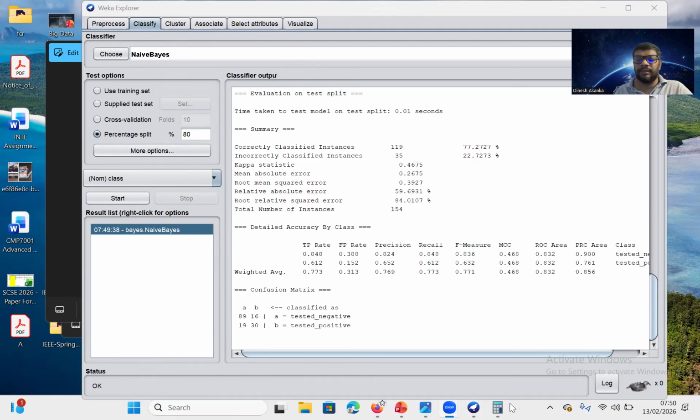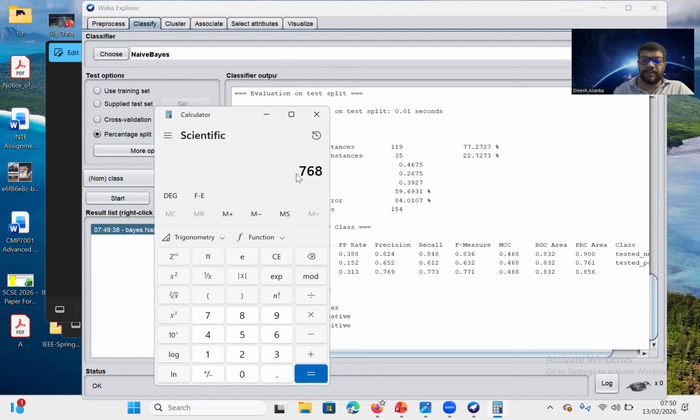If I multiply this by 20%, we will have roughly around 154 records for testing. And if you add these two numbers, 119 and 35, that makes the 154 records.